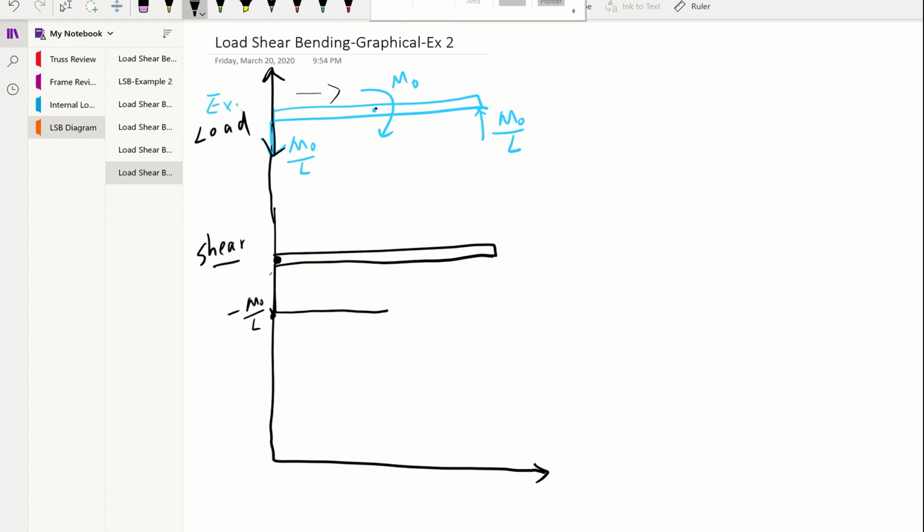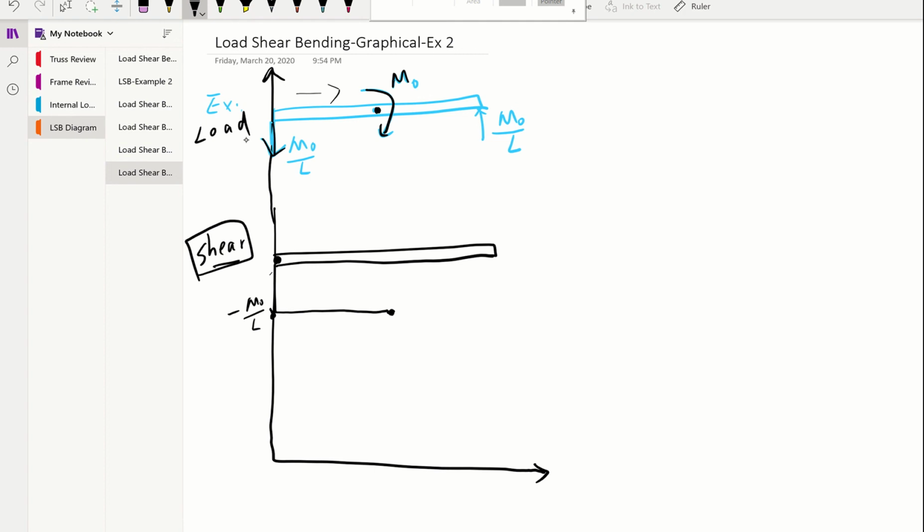However, at this middle point, what do we encounter? We encounter this moment. But do we need to do anything? The answer is no, because this is a moment, and here we're working on the shear diagram. This moment does not affect my shear diagram at this point, because I don't have a concentrated load or a distributed load.